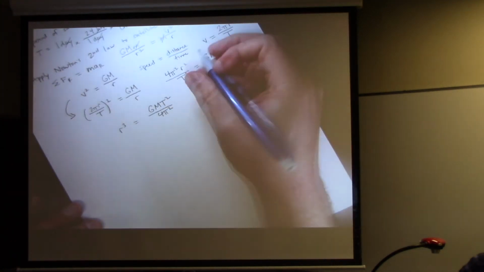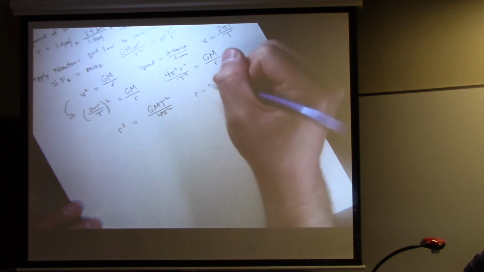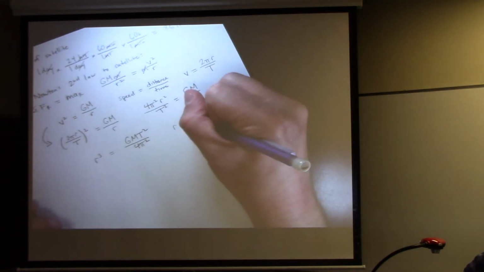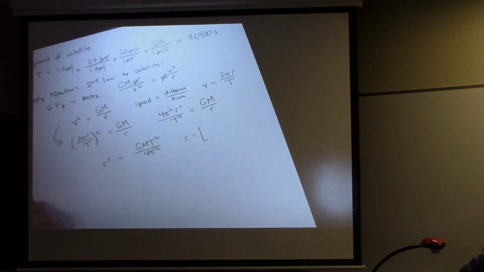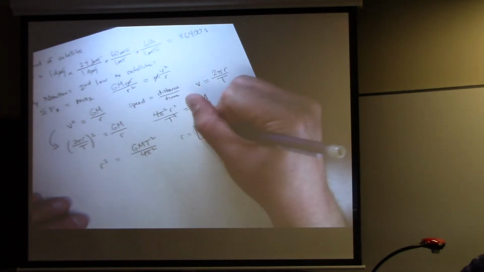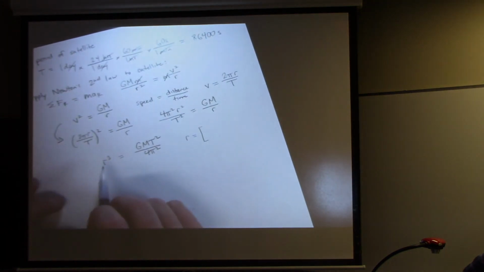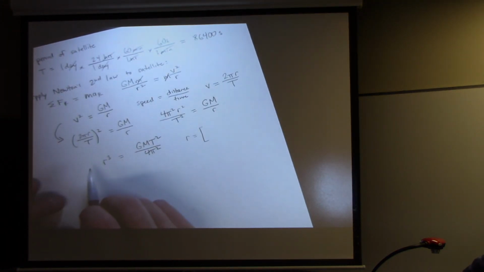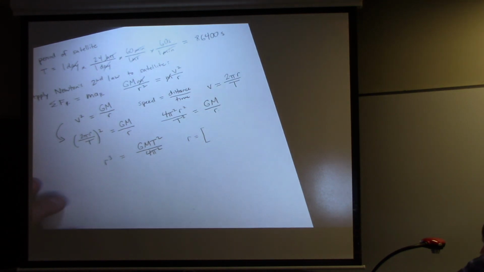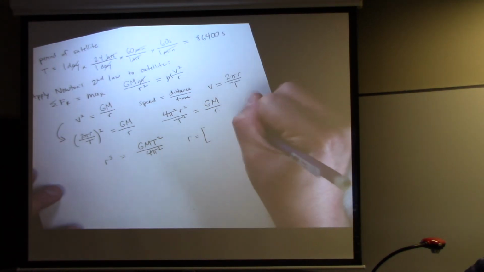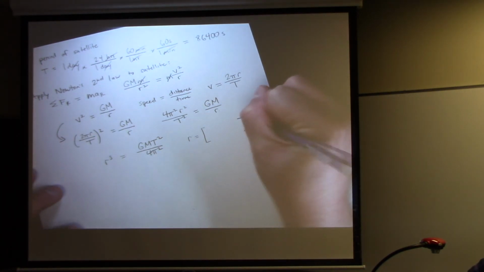So what we're going to do is solve for r. We're interested in what the radius of this orbit is, so we're talking about the distance from the center of the Earth in particular. If I have r to the third power, and I just want to solve for r, I have to get rid of that third power. That involves taking what we call the cube root of both sides, but I like thinking of the cube root as the 1/3 power.